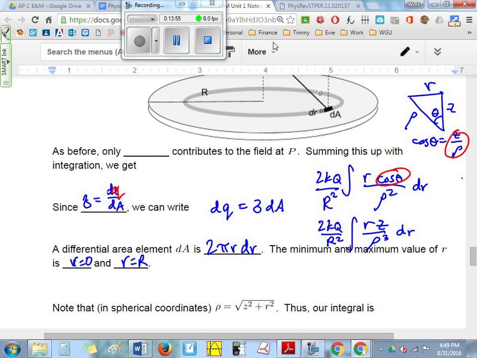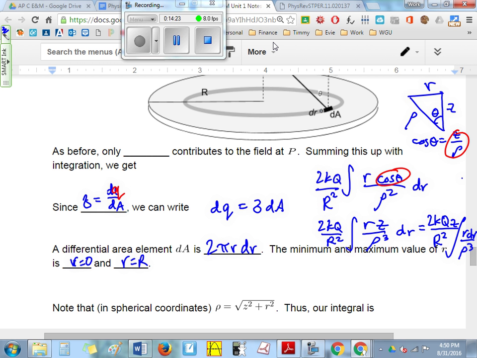So z can actually pop outside as well. So I have 2kQz over R squared, and then this has an integral, and the z is gone. So inside we just have r dr over rho cubed.